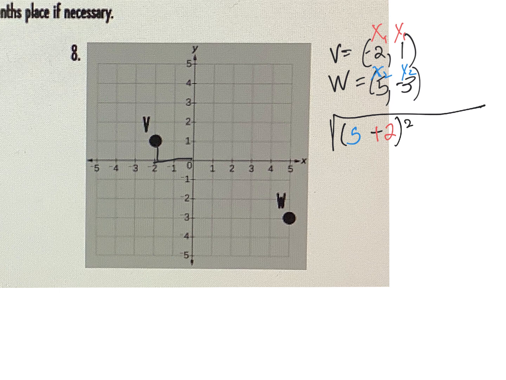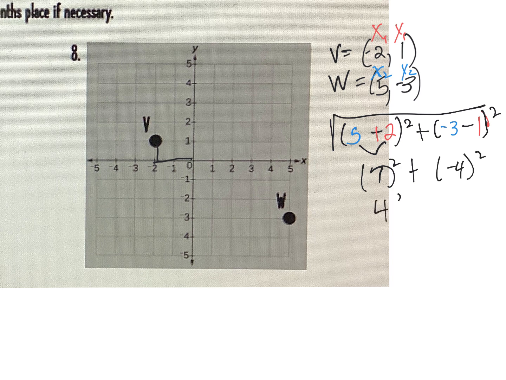Then we have plus, and then I have my y2, which is a negative 3, minus my y1, which is 1, and then squared. So now let's combine like terms. 5 plus 2 is 7 squared. Negative 3 minus 1 is a negative 4 squared.